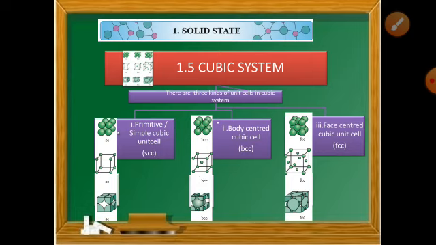And in case of FCC, we see 8 particles at the 8 corners, and one particle at the center of each face. There are 6 faces, so 6 particles plus 8 particles from the corners. If we add this, it will become 14, but actually it is not like that.